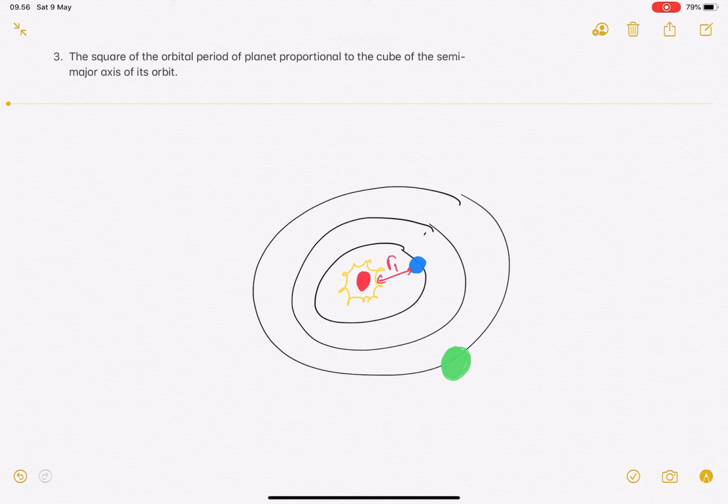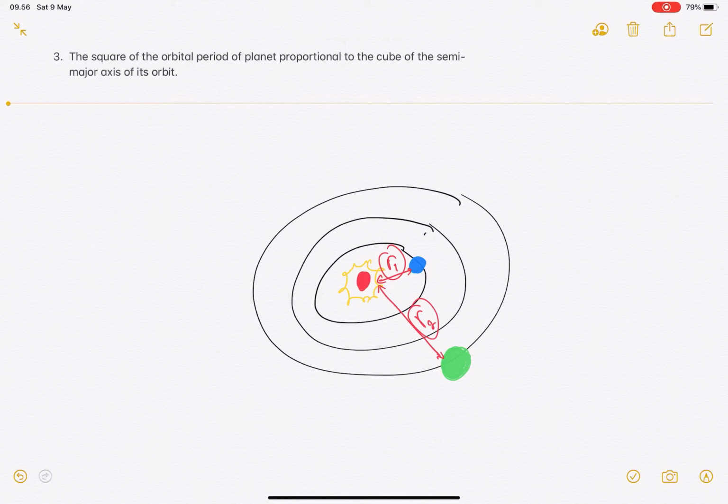This R1, and over here we have R2. So we have two radii. Clearly this radius is smaller than this radius.